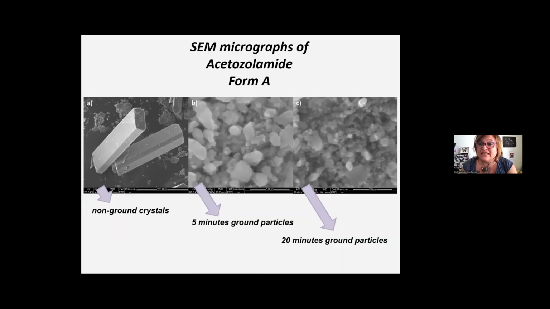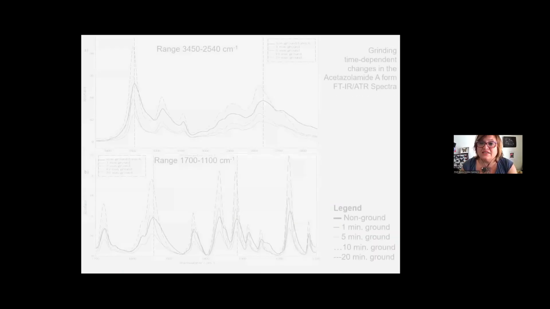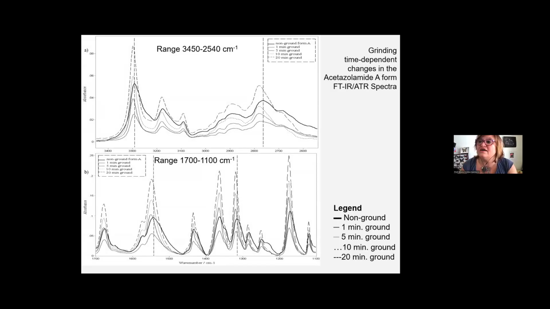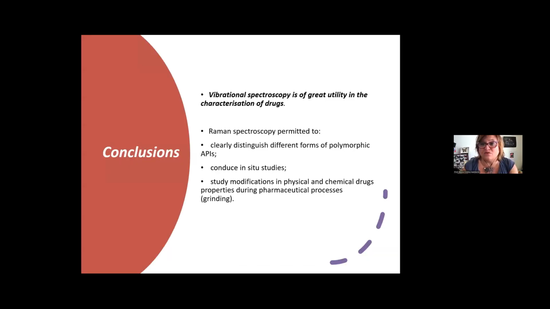So you can see the image is changing, and it's possible to characterize during the grinding of your drugs with the FTIR, ATR, or also Raman, in this case FT Raman, how the enhancement of the bands is changing, and also sometimes the shifts of the bands.